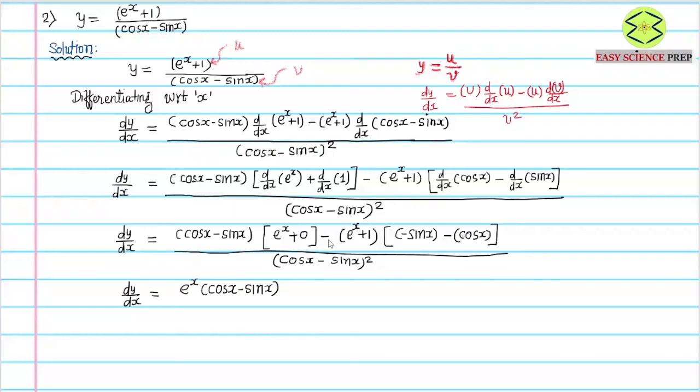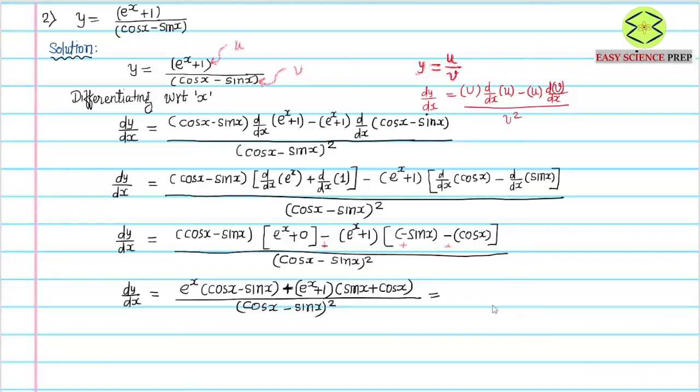So if I take minus outside, the entire inside terms become positive, and the outside gets a plus sign, because minus into minus is plus. So you can write that down. So it is plus, inside we have sin x plus cos x. Then in the denominator we have cos x minus sin x the whole square.